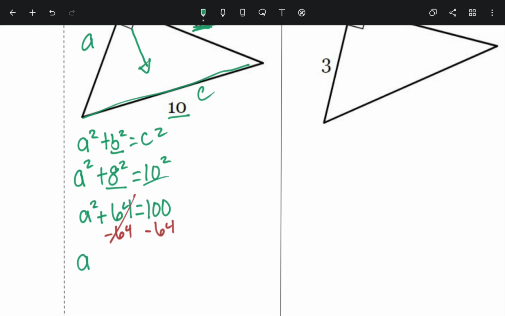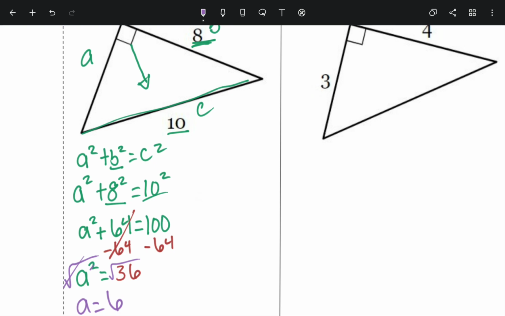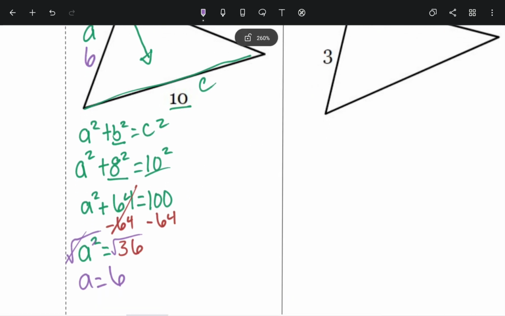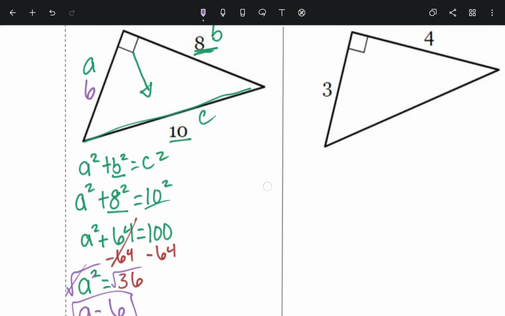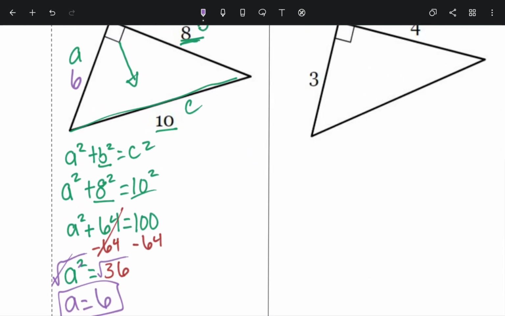So we are left with a squared equals 36. Now if we take the square root of both sides, that gets rid of the exponent of 2 on the a. And the square root of 36 is 6. So our third side is going to be equal to 6. And we are done. So that is if we are solving for a leg.